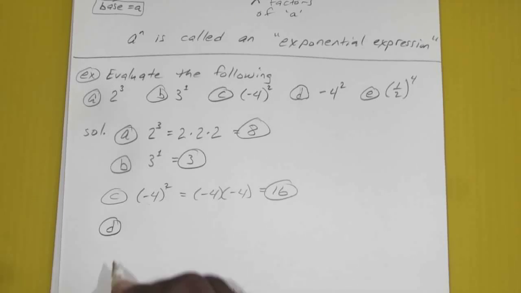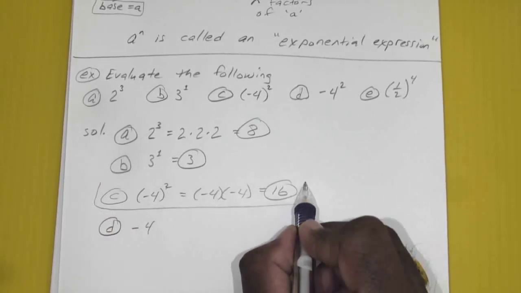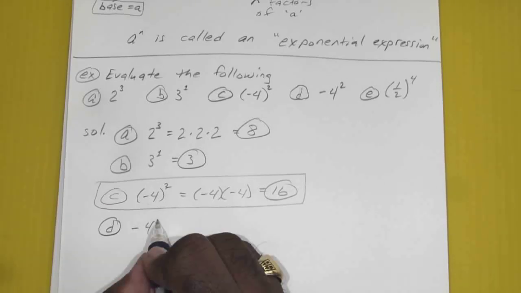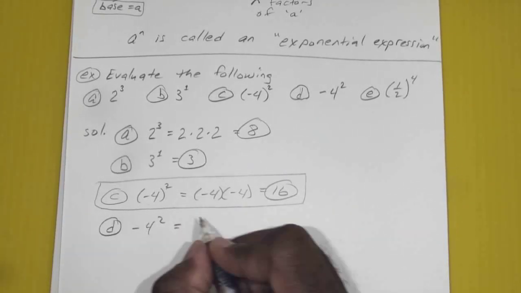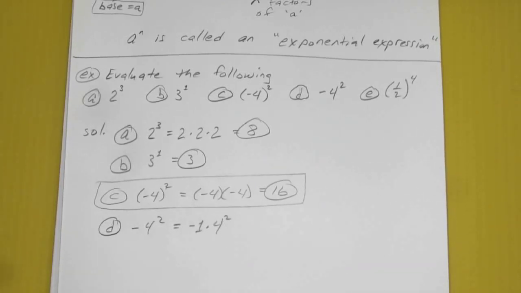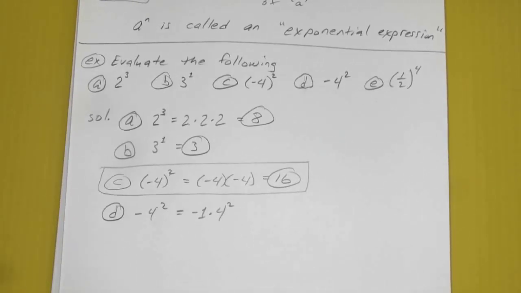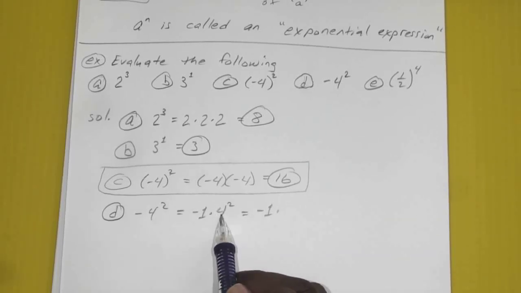Now for D, if you have -4 squared, you separate these two a little bit. The square only applies to that 4. It doesn't apply to the negative. So really, this is the same as saying -1 times 4 squared, which is like saying -1 times 4 times 4.